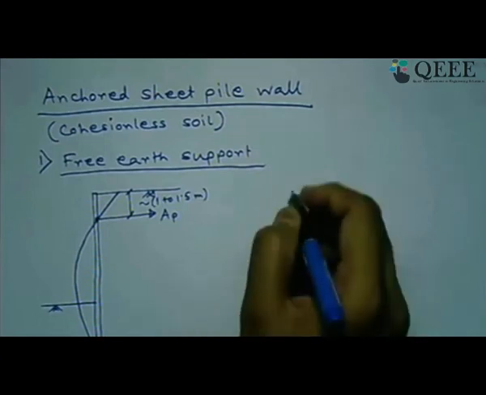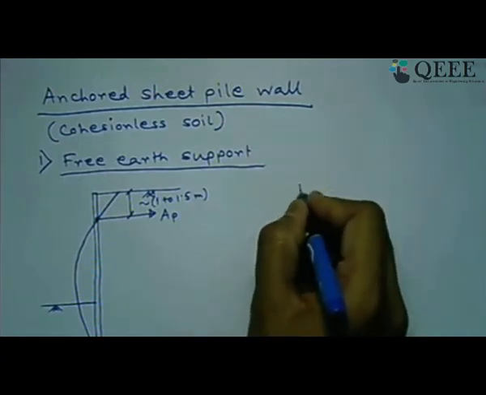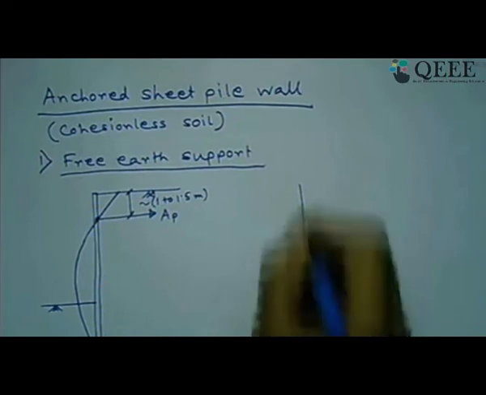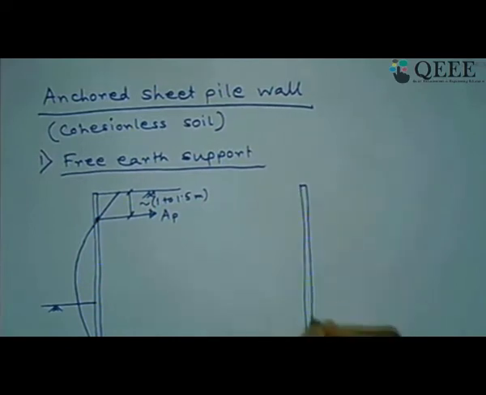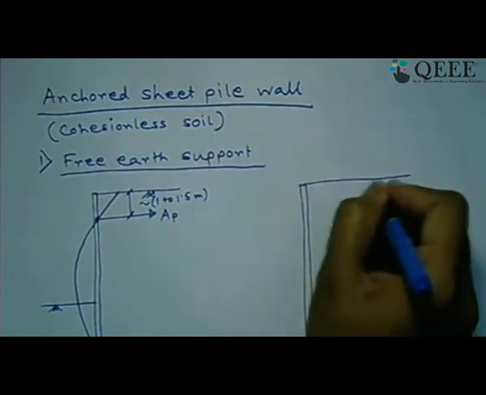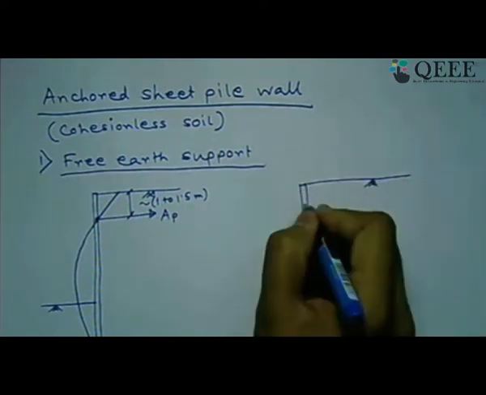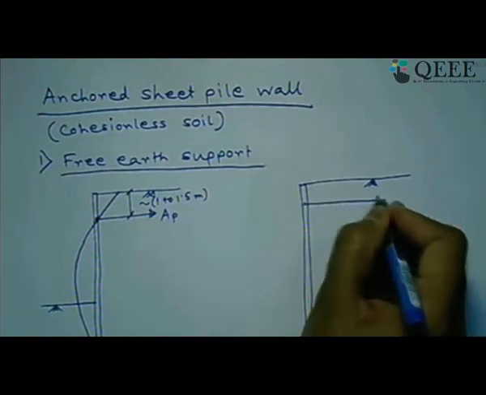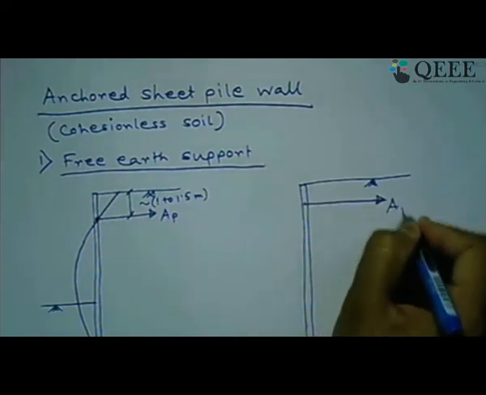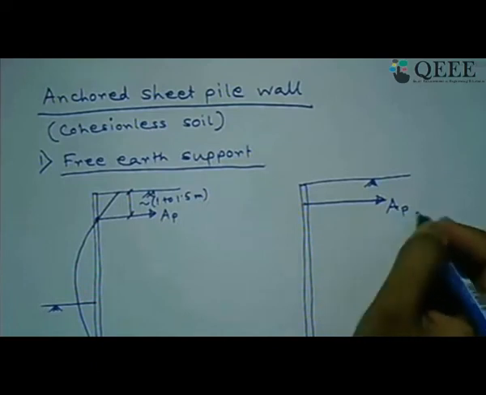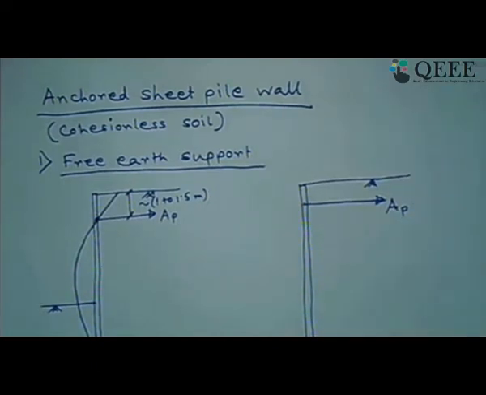So what will be the corresponding earth pressure diagram for this anchored sheet pile wall? Let us try to find it out based on its deflected shape. At this point we have the anchor pullout force, AP, let us say. Below the dredge line, in this portion, we have passive earth pressure on this side and active earth pressure on this side.